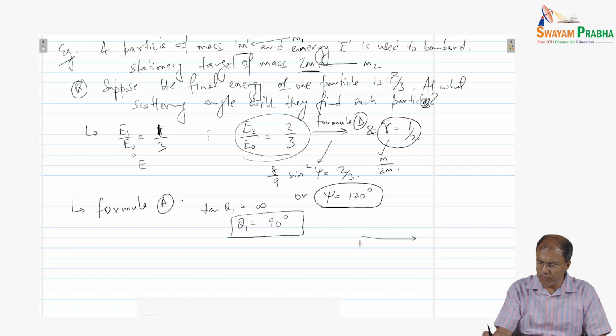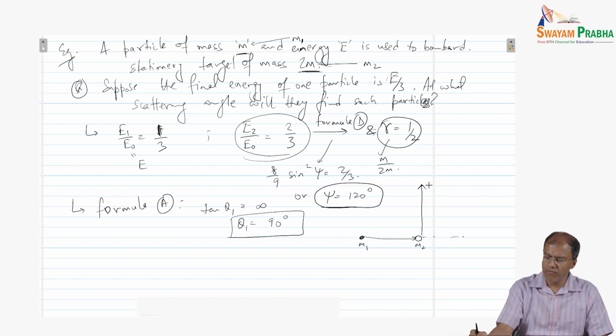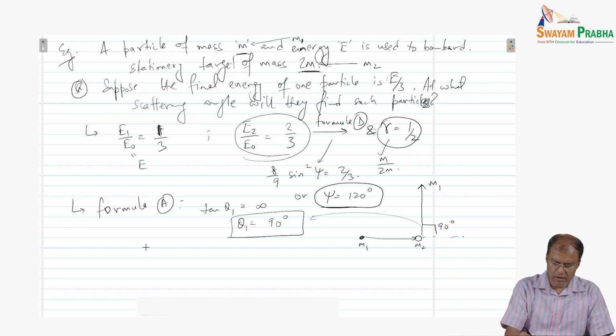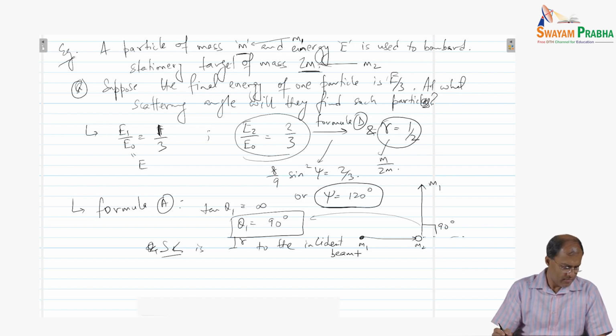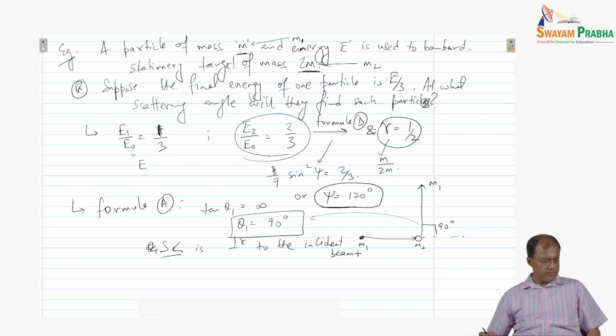So if m1 was hitting m2 incidentally here, then m1 is deflected at an angle of 90 degrees with respect to the incident beam. So that is the conclusion here: theta 1, the scattering angle, is perpendicular to the incident beam.